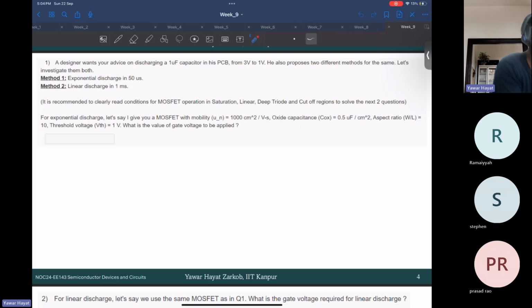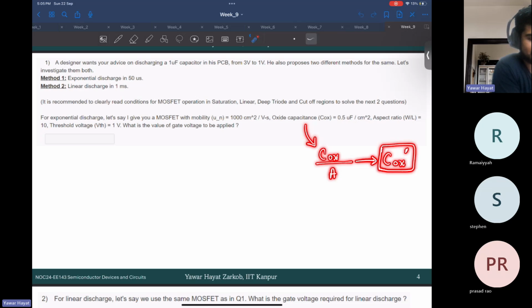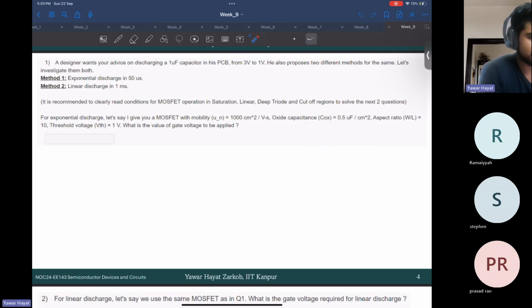We usually denote such per unit area capacitances by this prime, so this is Cox prime, the capacitance per unit area. The aspect ratio W by L is 10. Threshold voltage is 1 volt. So what is the value of the gate voltage to be applied?